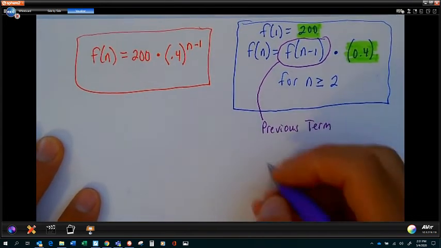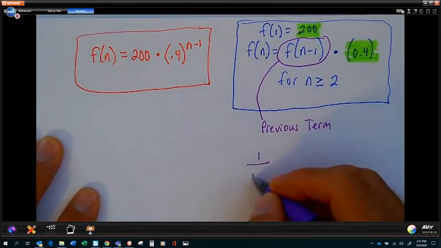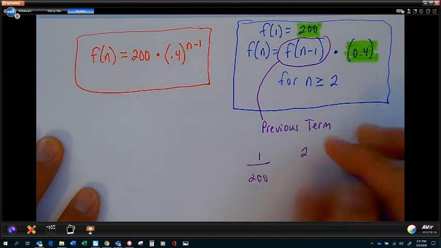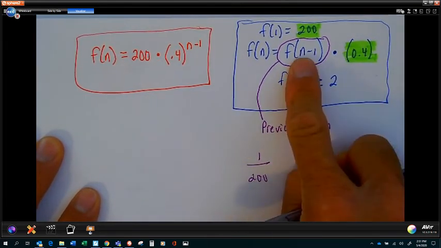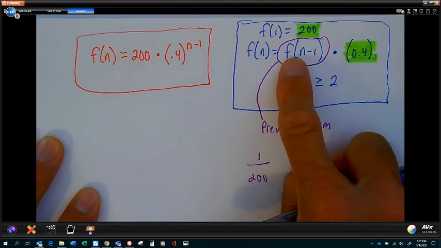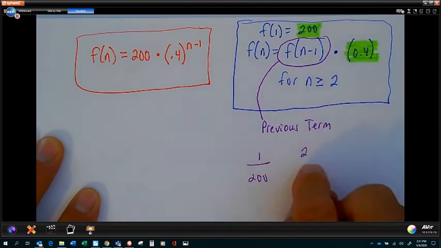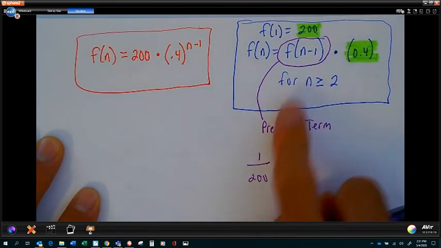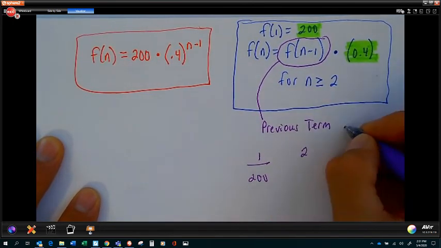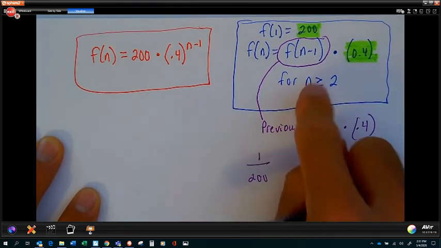The first term I got is 200. To find the second term, all this means is I take the previous term, f of n minus 1. That would be 2 minus 1 is 1, which means f of 1, the first term. So all this is previous term times 0.4. That's all this recursive formula says.